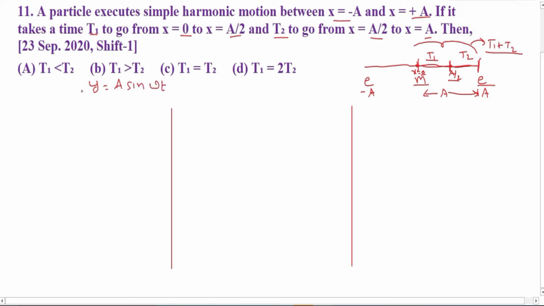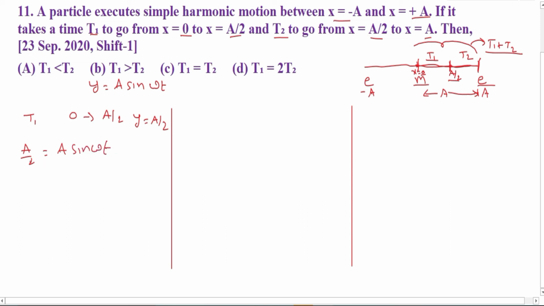Now let us go to our first case, where the particle took time T1 to reach from 0 to a by 2. In this case the displacement will be y equal to a by 2. Substituting, a by 2 is equal to a sine omega t.